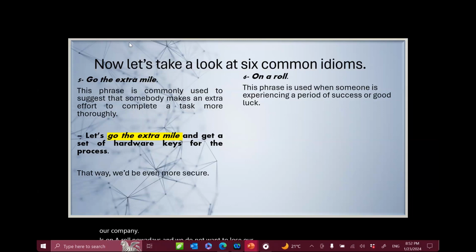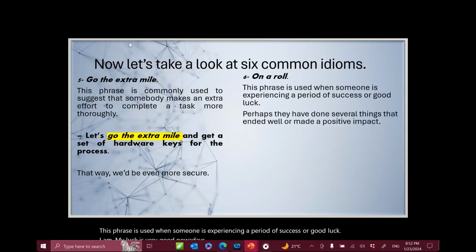Okay, you have to resolve that and you have to announce that everything is going to be okay tomorrow noon. Do you remember? فاكرين الكلام ده؟ يبقى معناها ايه on a roll? This phrase is used when someone is experiencing a period of success or good luck. يعني اليومين دول أنا بمر بنجاحات نجاحات نجاحات. Okay, my luck is very good nowadays.